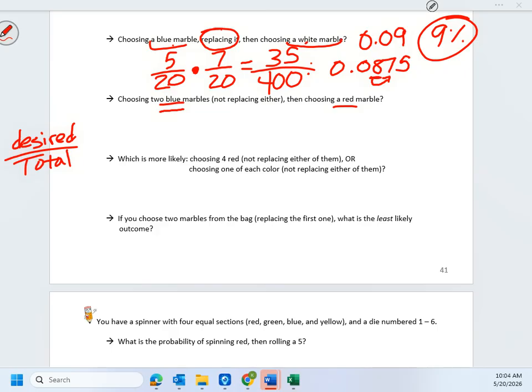Oh, wait. Sorry. So choosing a blue. How many times are we choosing a blue marble? How many times did you choose the blue? So, Bailey, look. How many events do I need to see? Yeah, you only did 2 events.